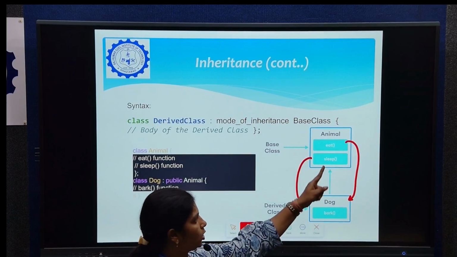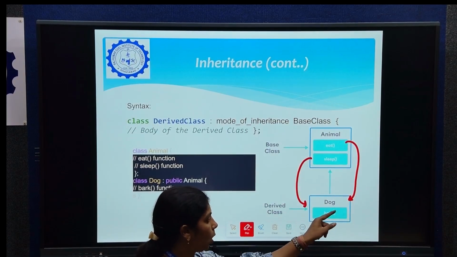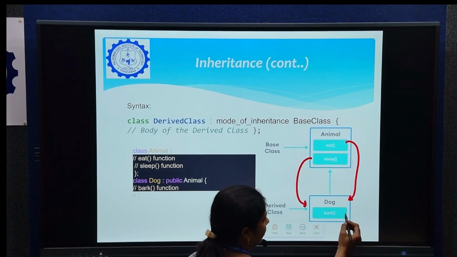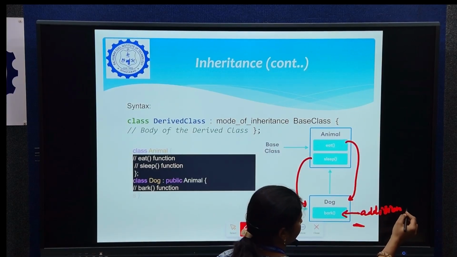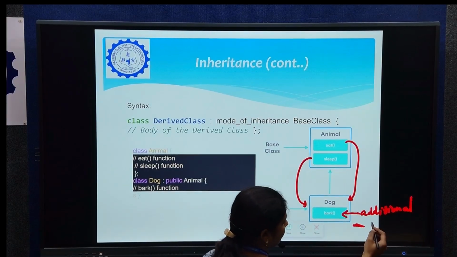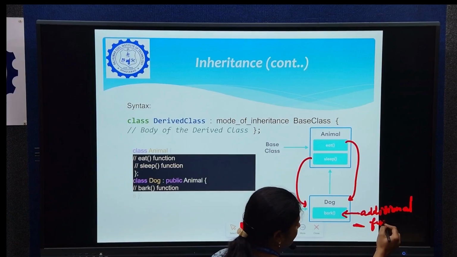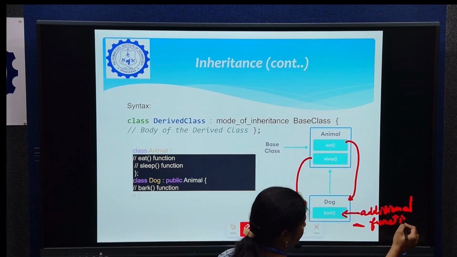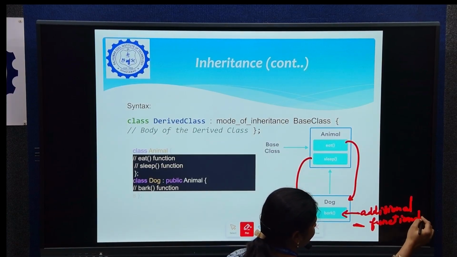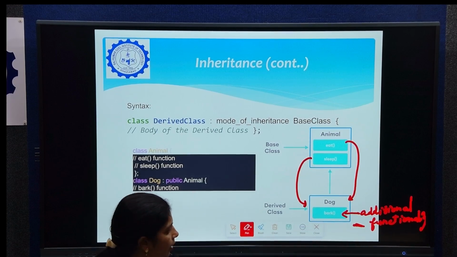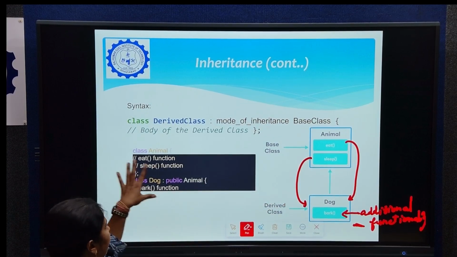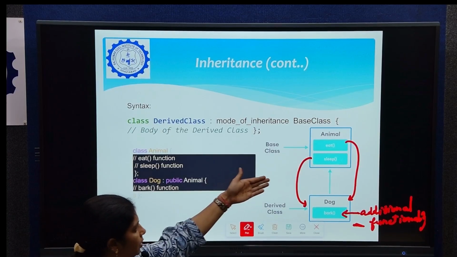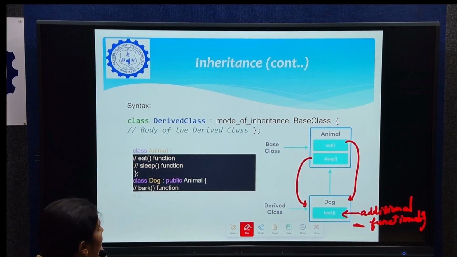A dog can also eat, dog can also sleep, and dog has an additional functionality named bark. So how do we represent it using a diagram? This is the diagram. How do we represent it using code?